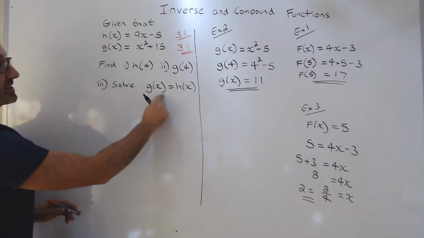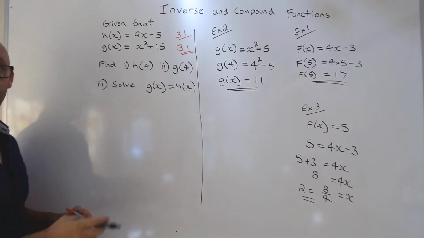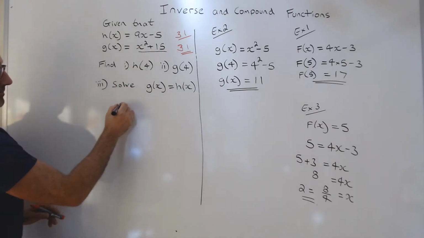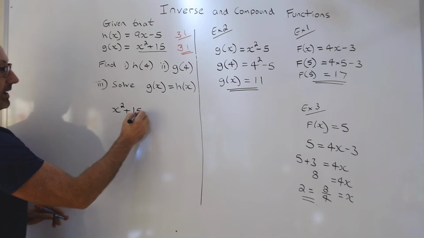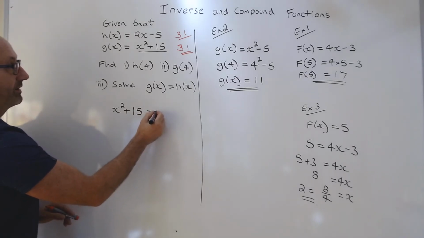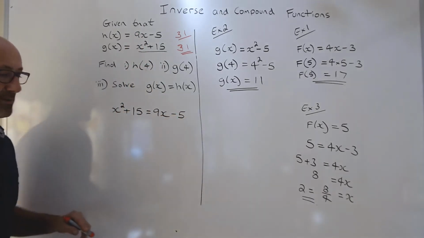And what does g(x) equal? x squared plus 15. So I'm going to write that down. And what does h(x) equal? 9x. Minus 5. 9x minus 5.